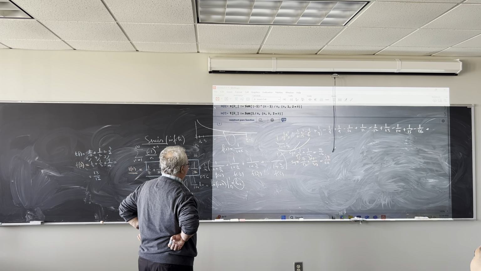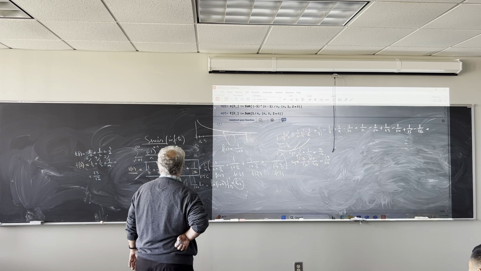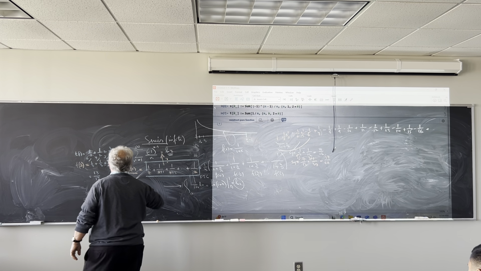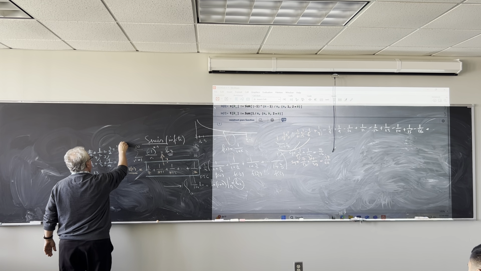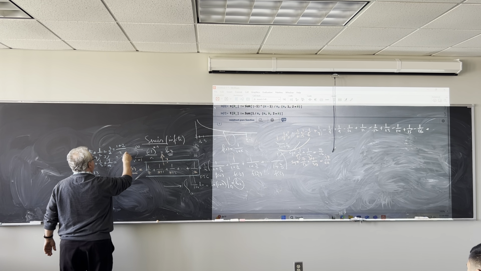Look, the denominator is the same. What about the numerator? So this is 1/2 plus 2 over 2, which is 1, right? What about here? 7/12 plus 6 over 12, which is 1/2, right?